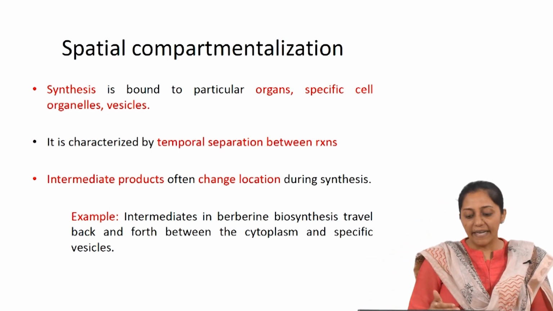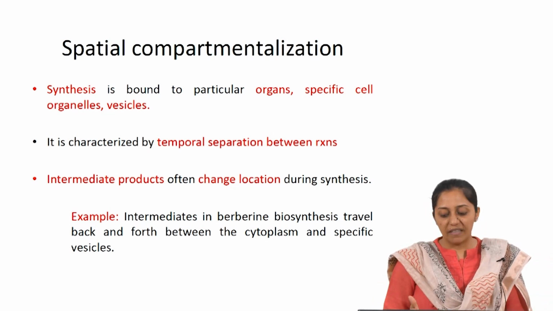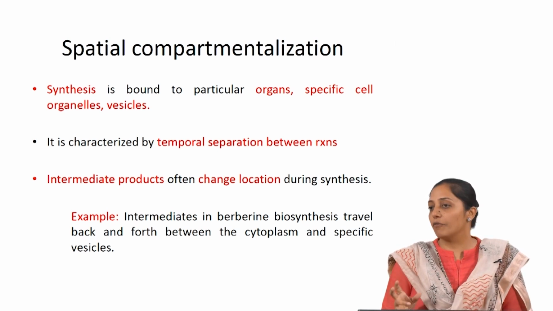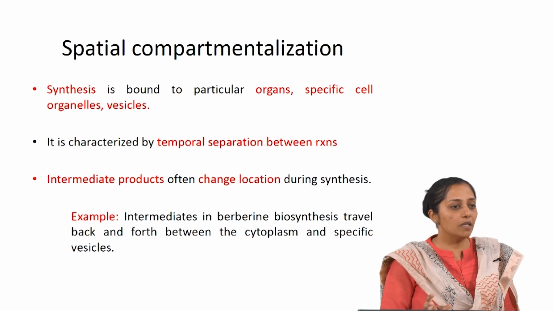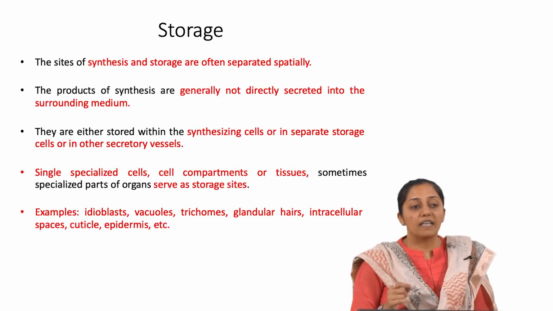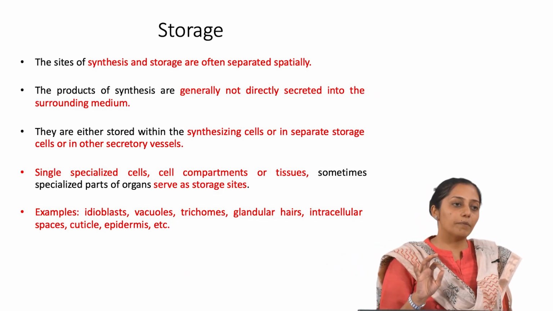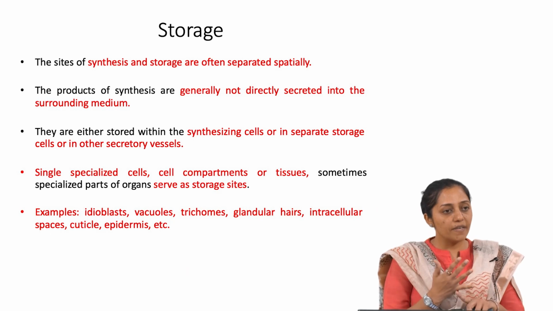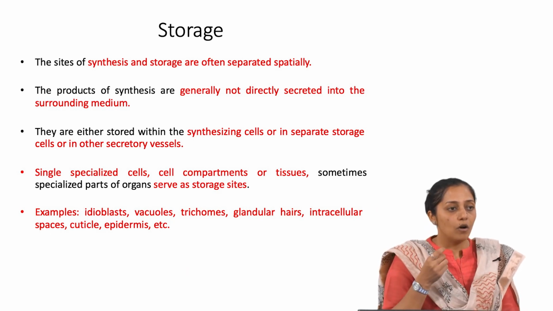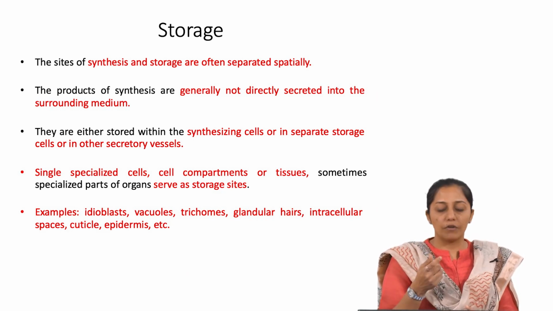For example, intermediates in berberine synthesis travel back and forth between the cytoplasm and specific vesicles. This is an example of spatial compartmentation of the secondary metabolite. Now, for storage, there are different places and different forms in which the product can be stored. They can be stored on the surface in the form of trichomes, or even in the intercellular spaces, like for example azadirachtin.